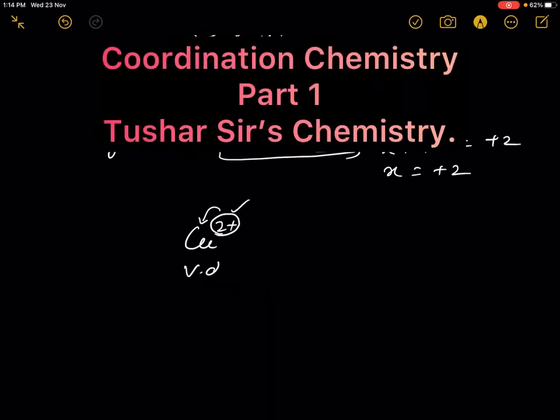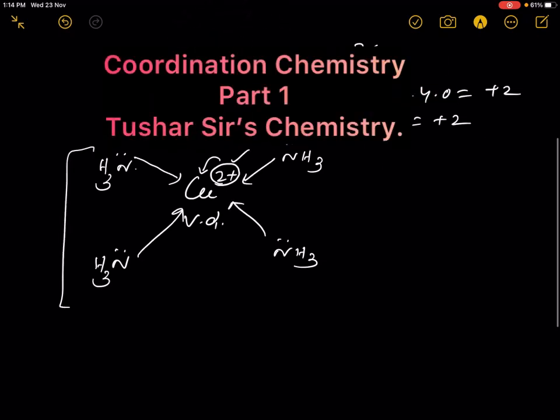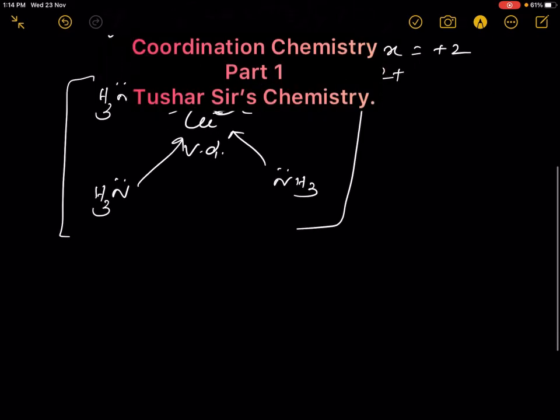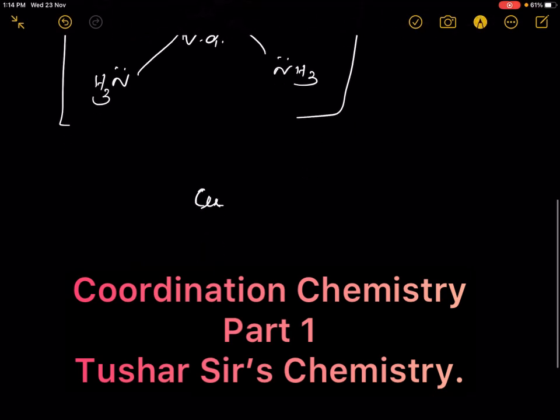It has vacant d orbitals, and you see each N has a pair of electrons on the nitrogen atom. So this lone pair can be given to this Cu2+ to form a coordinate compound, and this 2+ can be written over here. You see Cu has vacant d orbital.